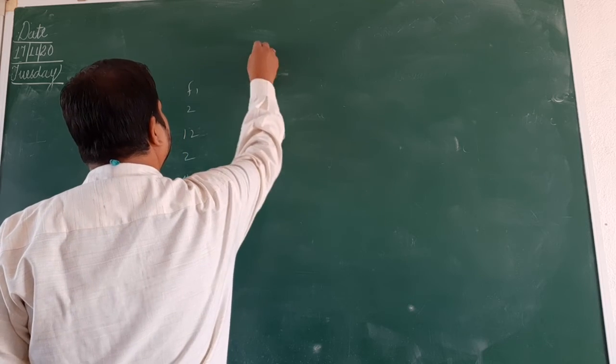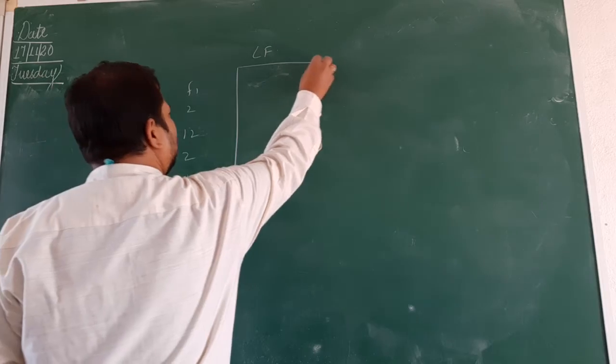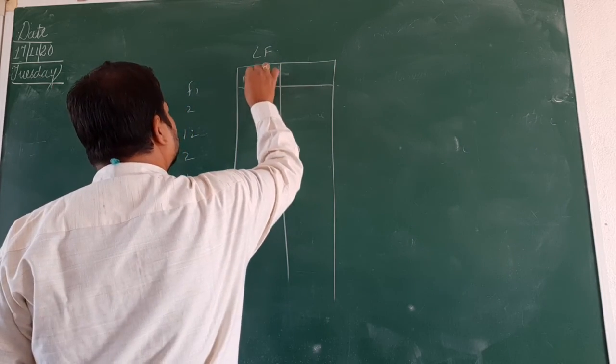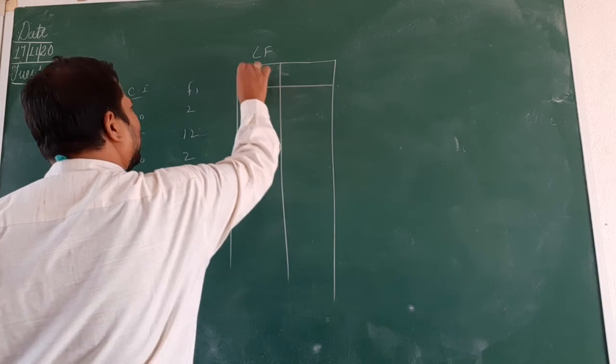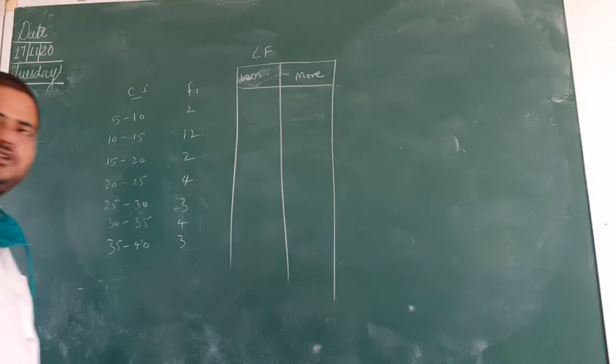Cumulative frequency, and here two types of frequency we are going to write: one is less than type and one is more than type. Understood?